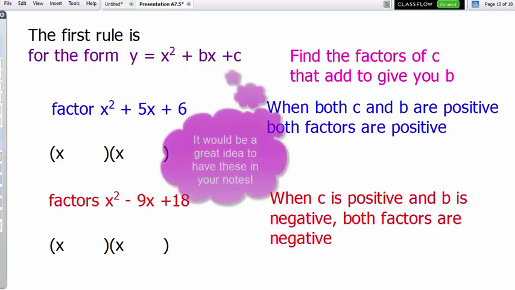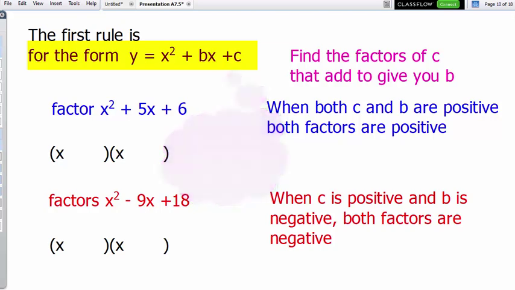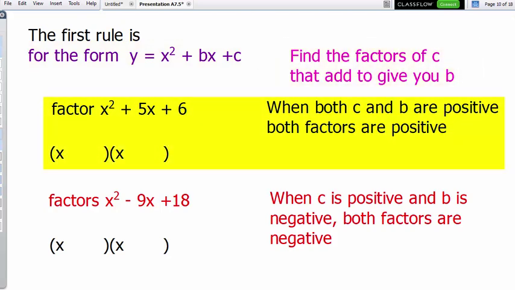So here's the rule we follow. The form of the equation is x squared plus b, some number in front of x, plus c, our constant. We're looking for the factors of c that add to give us b. When both c and b are positive, both of the factors will be positive.